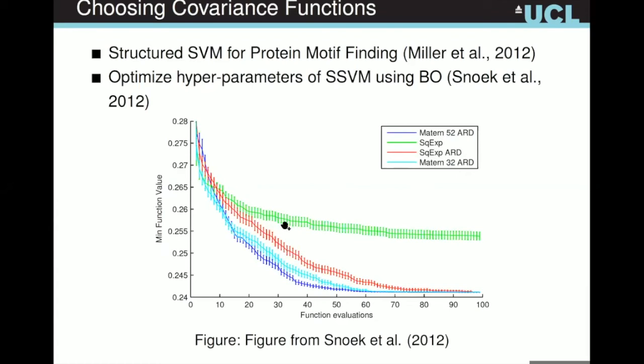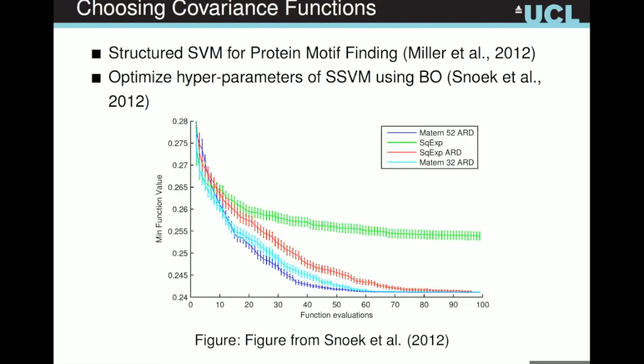What they did was look at four different types of covariance functions. One is the squared exponential, which is the Gaussian kernel, shown here in the green bars. Then there is the squared exponential with ARD, where ARD means automatic relevance determination, which has a different length scale parameter per input dimension.